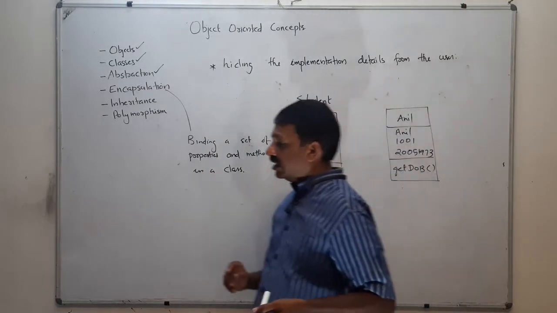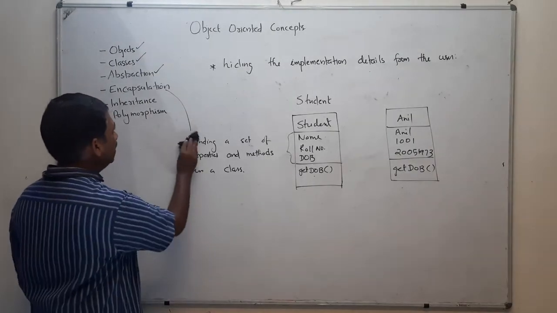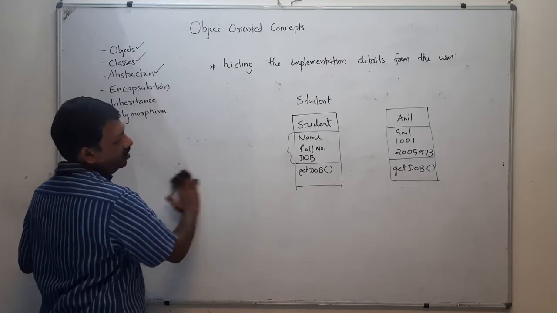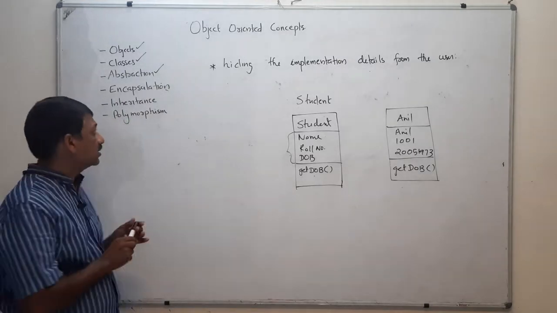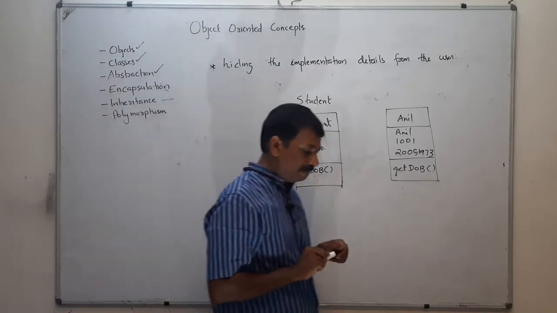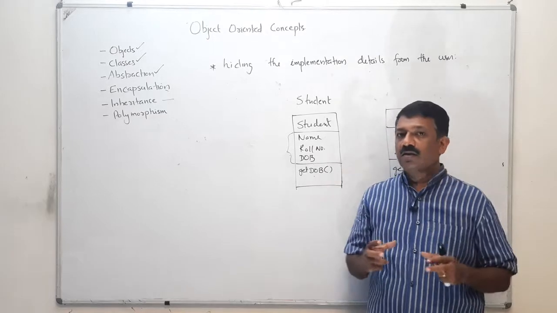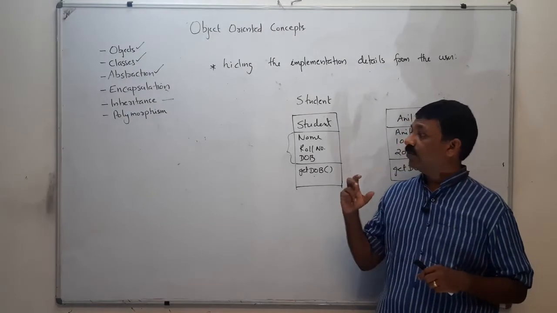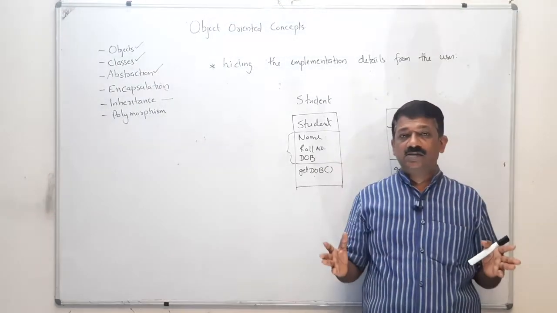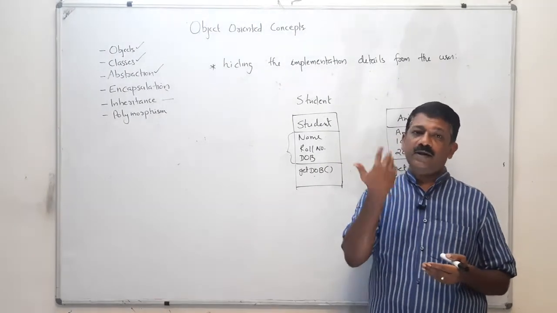The next property is inheritance. In object-oriented programming, you have a set of classes, and you can derive classes from a parent class.